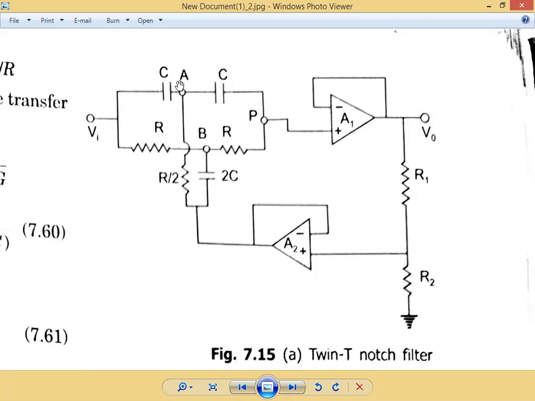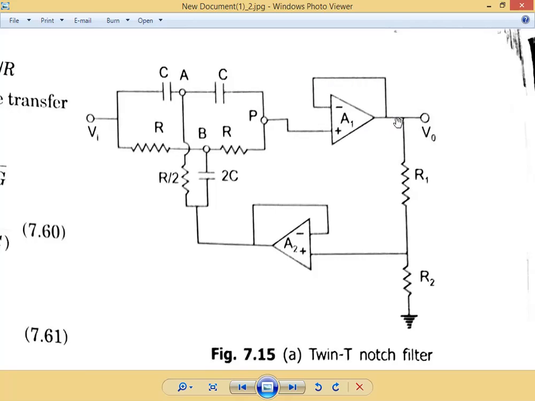So this is completed, and next plus V0 minus VA into SC.